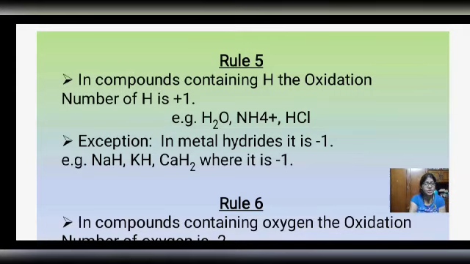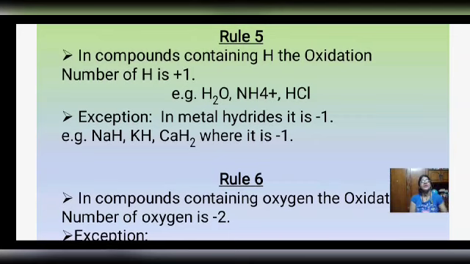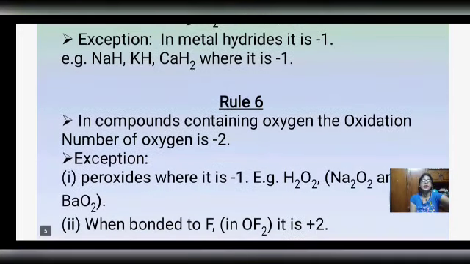But when hydrogen forms a compound with a metal, it is assigned -1 charge. Example, sodium hydride, potassium hydride, calcium hydride. In all the cases, hydrogen is associated with a metal, either sodium or potassium or calcium, to form the compound, and in all these cases hydrogen is assigned -1 as the oxidation number.